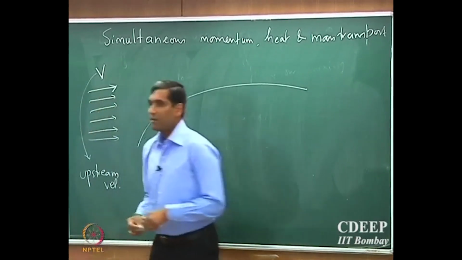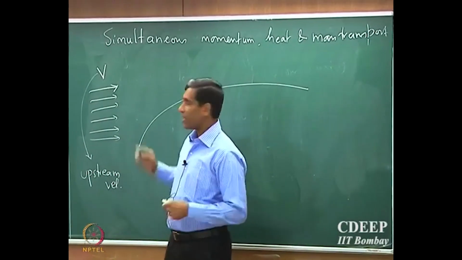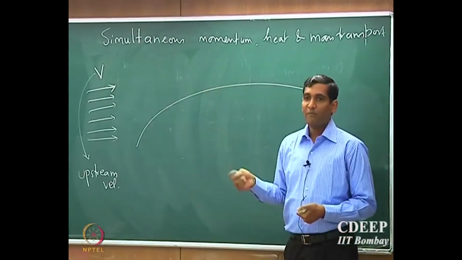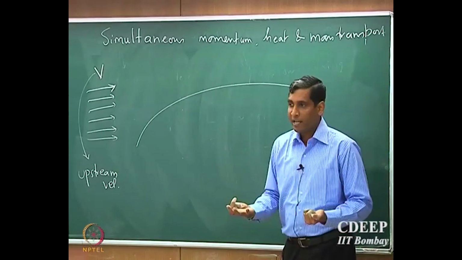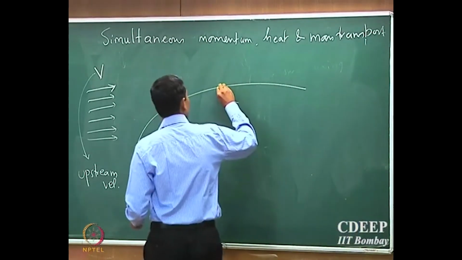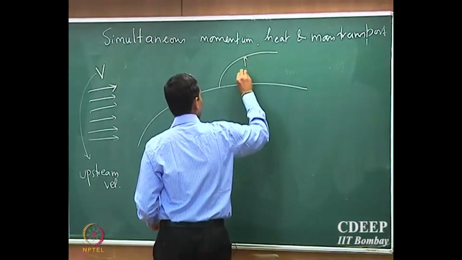This is the velocity of the fluid before it sees the object. Okay. Then when it sees the object, obviously you are going to have a boundary layer, a velocity boundary layer or a momentum boundary layer. So let us say that this is the velocity boundary layer.